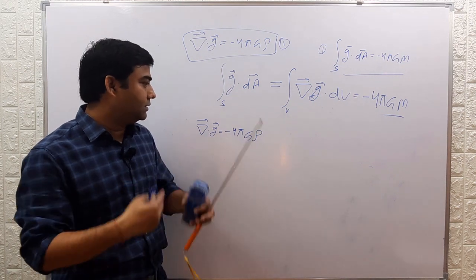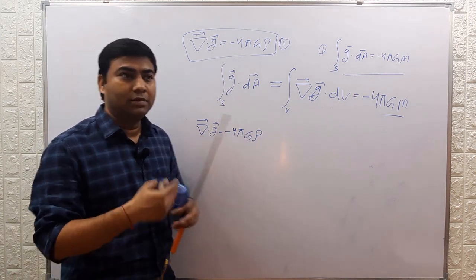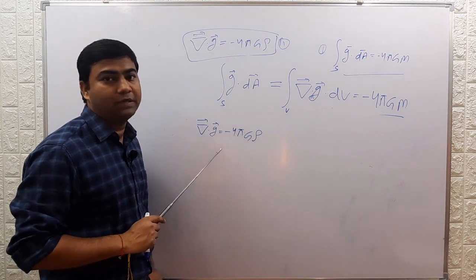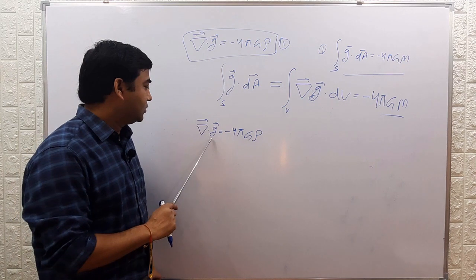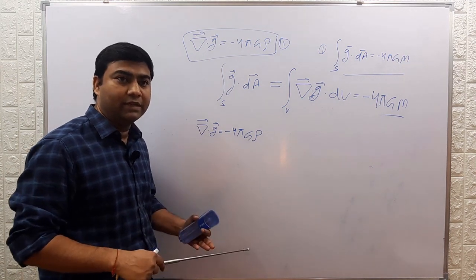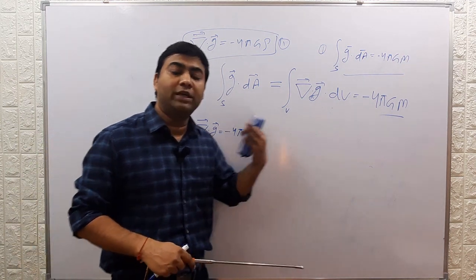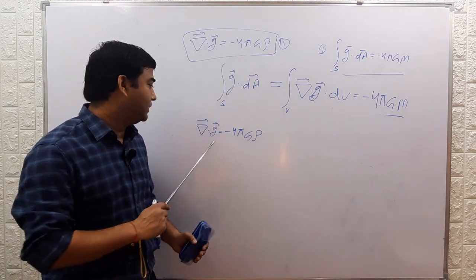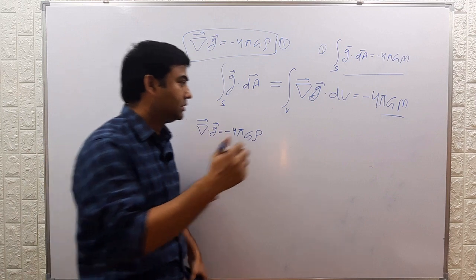Now we will use the reverse concept. Here we know G is a conservative vector field. It will have its corresponding scalar field whose gradient will be equal to G.